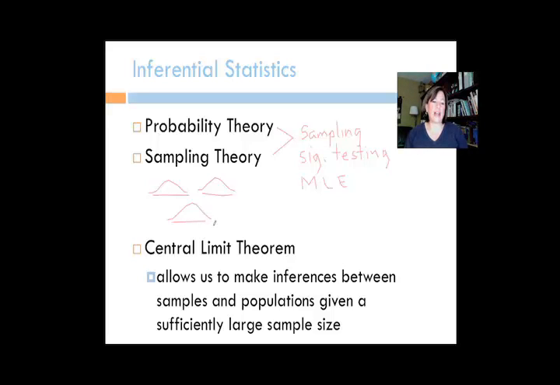Also, a piece of this together relies on the central limit theorem, which allows us to make inferences between samples and populations if the sample size is large enough. When we talked about sample size, we talked about sampling methods. The central limit theorem is based on the distribution of a normal curve. And we talked a little bit about that when we talked descriptive statistics.